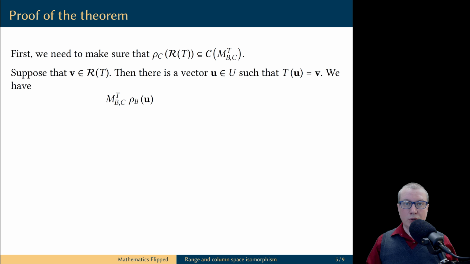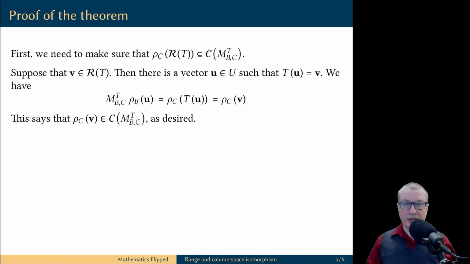Then we are going to look at the matrix vector product of the matrix representation and coordinatization of the vector u relative to the basis B. We apply the fundamental theorem of matrix representation, and we recall that T of u is equal to v. This says that the vector rho C of v is equal to the matrix vector product of the representation matrix and some other vector.